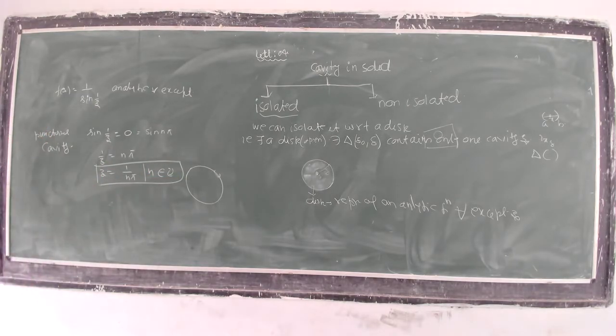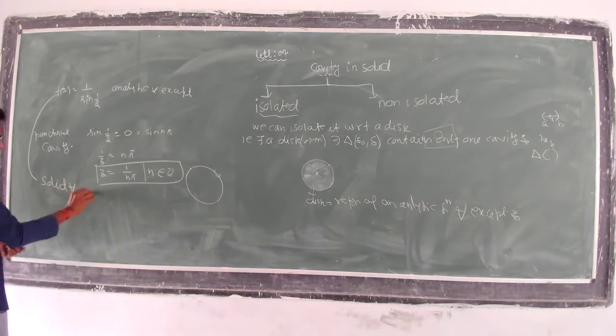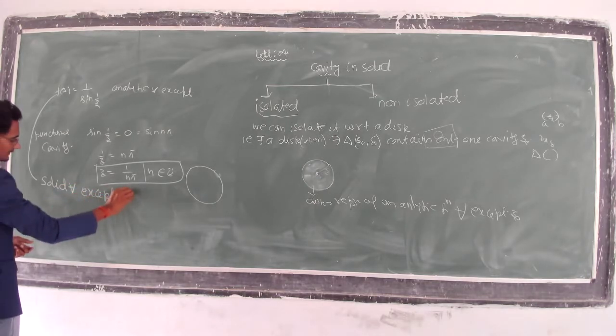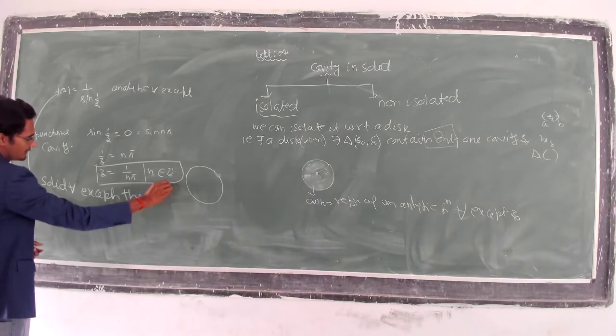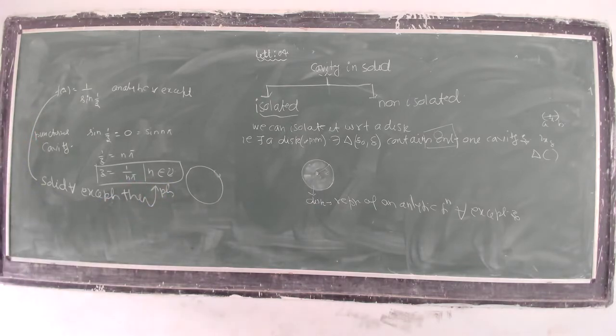It means that if you draw the geometry of this function, then it will be solid everywhere except these points. So what are these points?